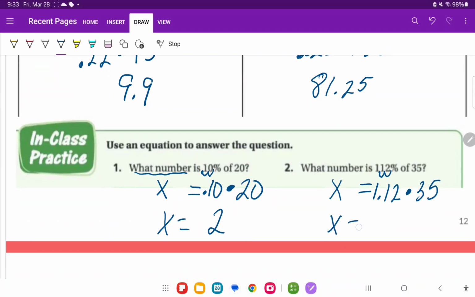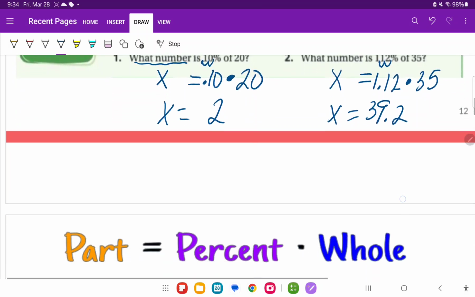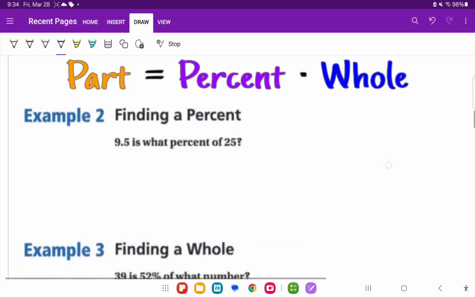So x would equal 39.2. When we do an assignment on this, you will have to write out the formula and give the answer to that. Okay? Let's keep going here.